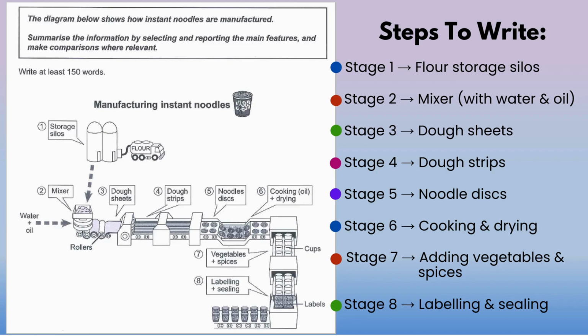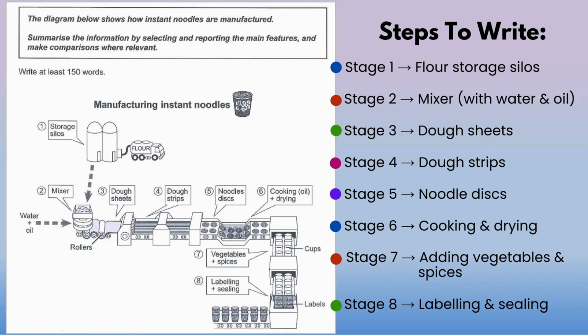So why cooking and drying? Because the process diagram is about how instant noodles are manufactured. You know, instant noodles are a product which you can buy from any supermarket, and in that you only need to add boiling water, cover it for a few seconds, and behold, you get noodles ready to eat.